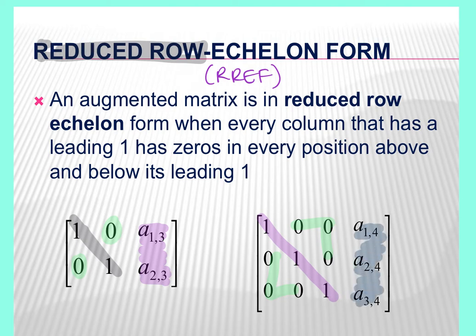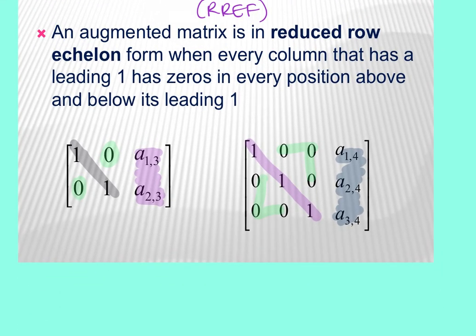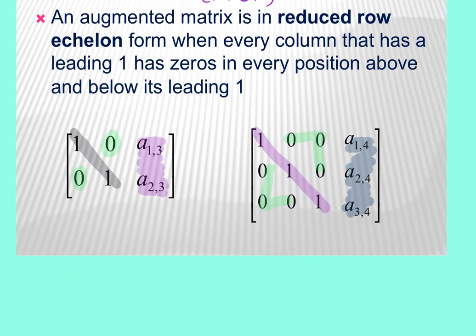So the goal here is, if you think about it, if I took this back into systems form, which we're going to do, this first row would be X equals a number and Y equals a number. So you've solved the system. This would be X equals a number, Y equals a number, Z equals a number, and you've solved this system. So that's reduced row.